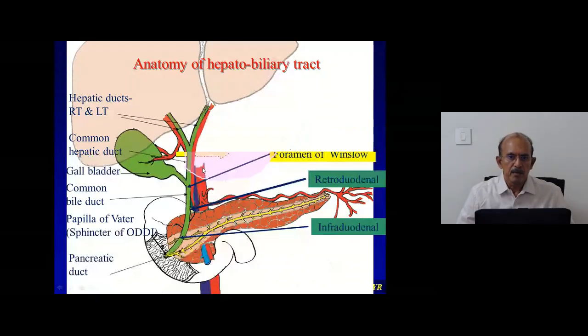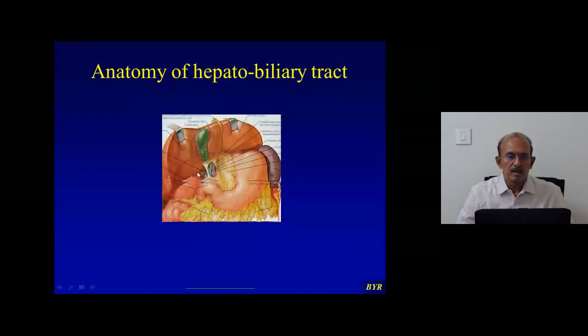Now we can see here, under the surface of the liver, this is the anterior boundary of the porta hepatis. And just below the porta hepatis, you can find the free border of the lesser omentum.